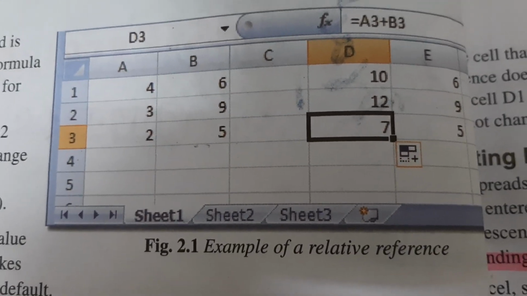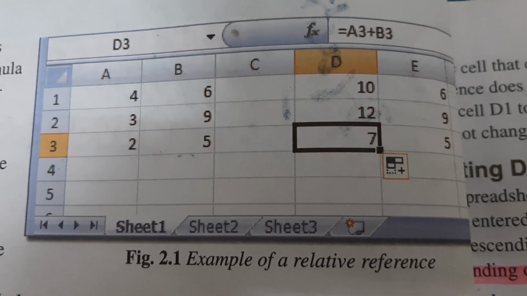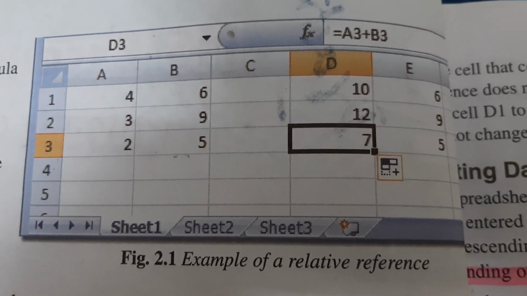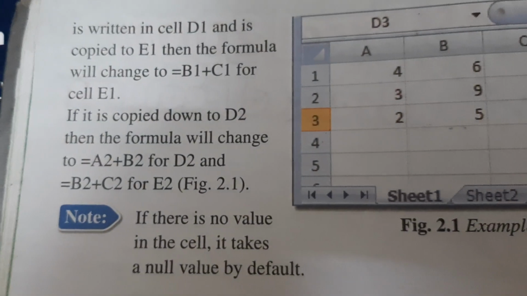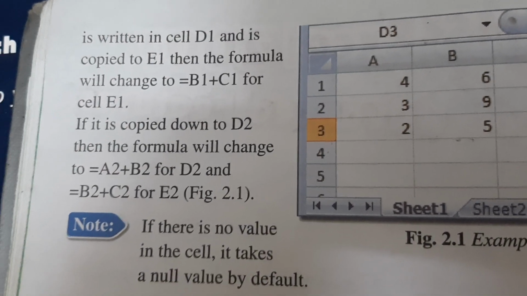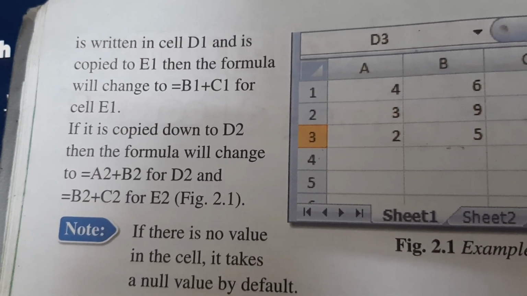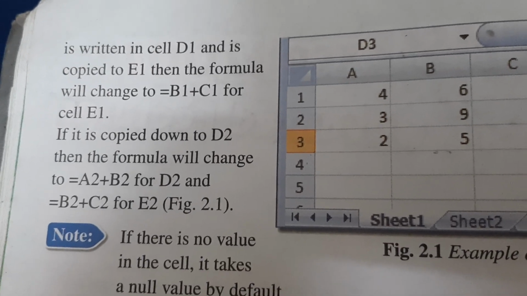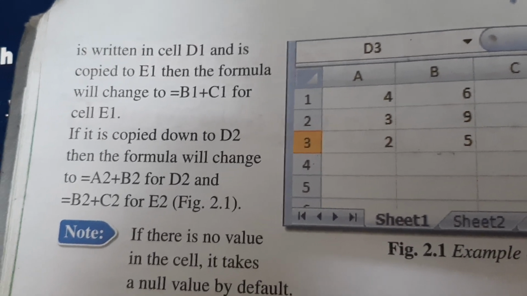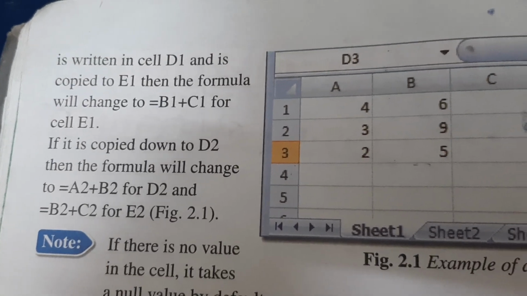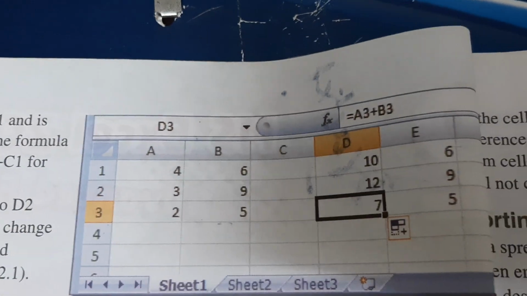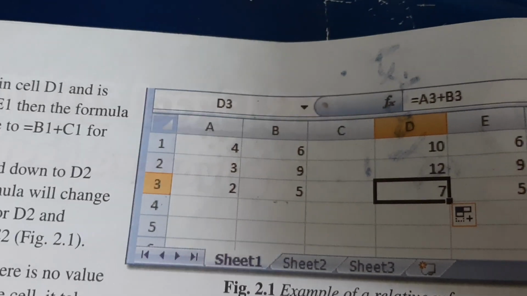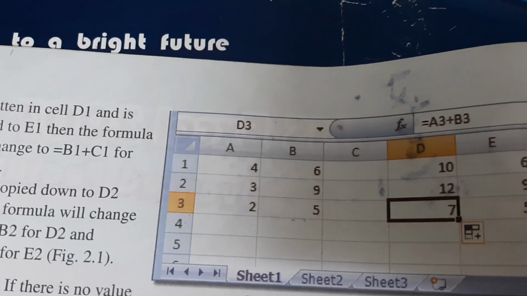Figure 2.1. If it is copied down to D2, then the formula will change to A2 plus B2 for D2 and B2 plus C2 for E2. Means they are doing sum instead of multiplication.